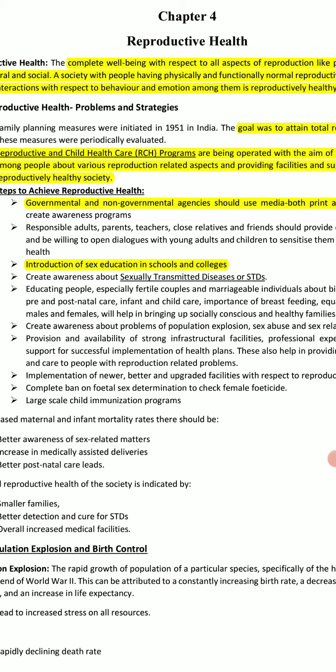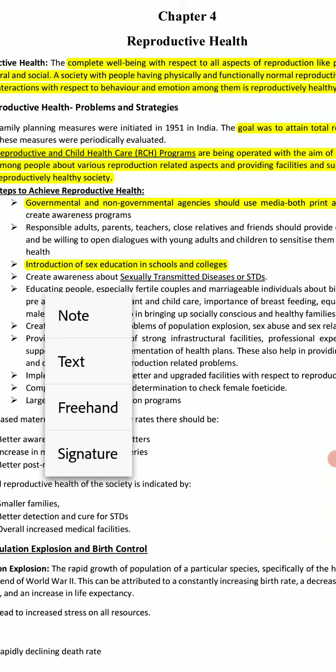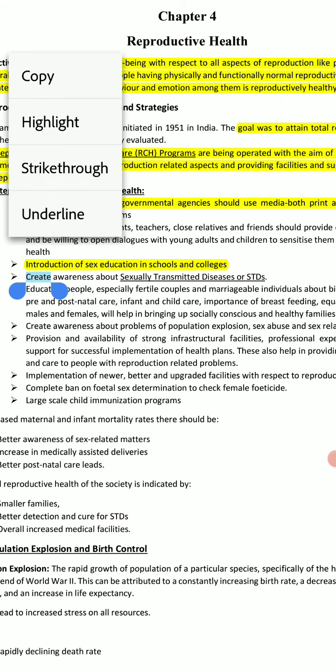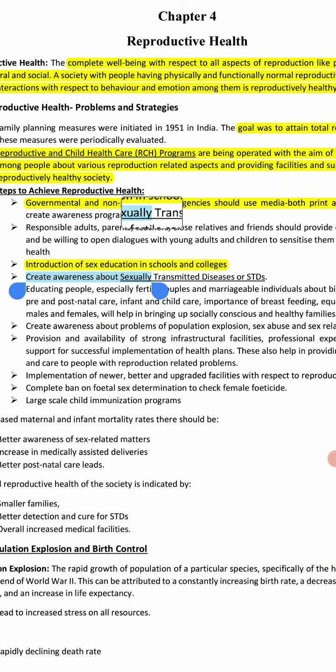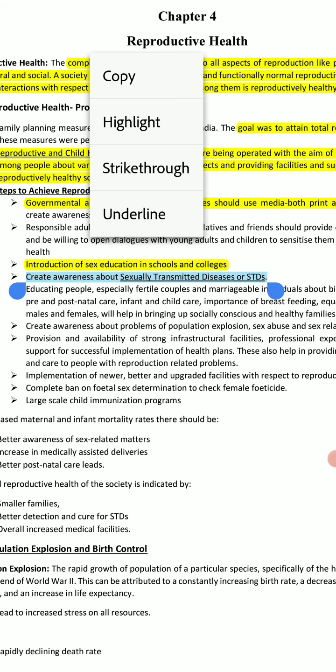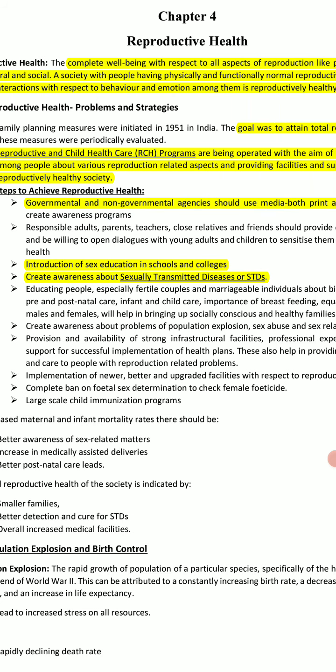Okay. The next thing is to create awareness about sexually transmitted diseases, or STDs. This is also an important thing. Why?